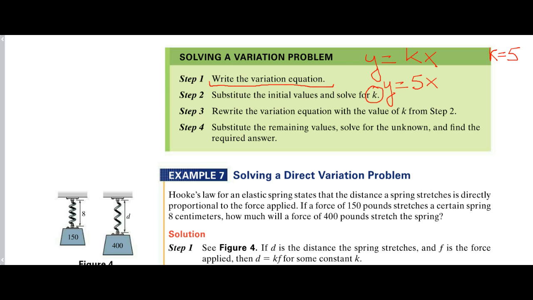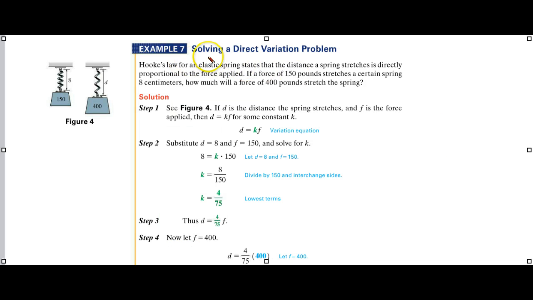So let's do a problem. So this is a very typical example in which they're going to use Hooke's law. It says that an elastic spring states that the distance the spring stretches is directly proportional to the force applied. So again, they're saying this is direct variation. So the basic formula is y equals kx.